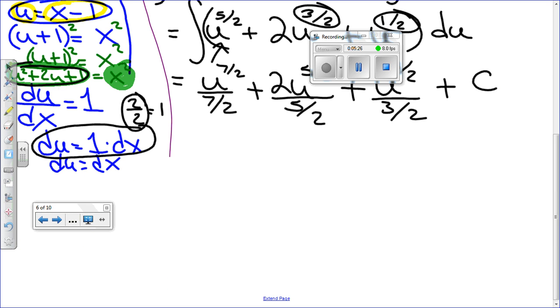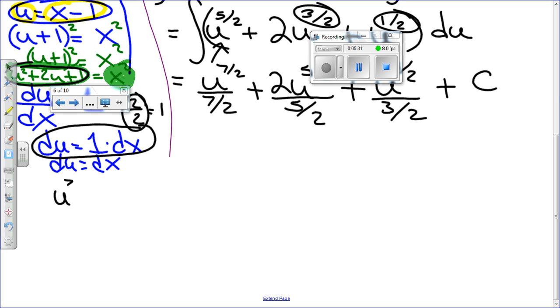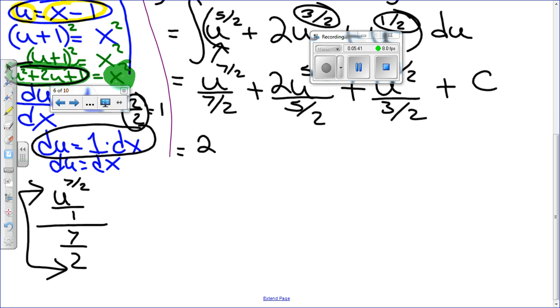Now let's simplify this a little bit. For the very first fraction, we have something divided by 1 on the numerator, and then divided by 7/2. If we multiply the outer quantities, we get 2 times u to the power 7/2, and the inside will be 1 times 7, so this will be 2 sevenths.